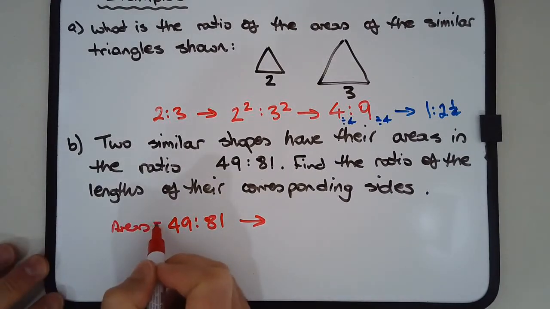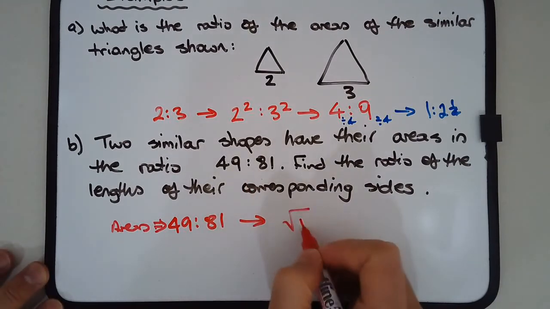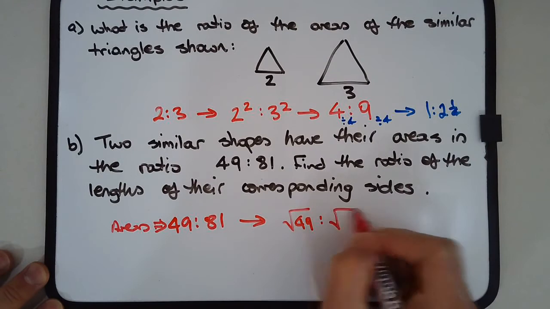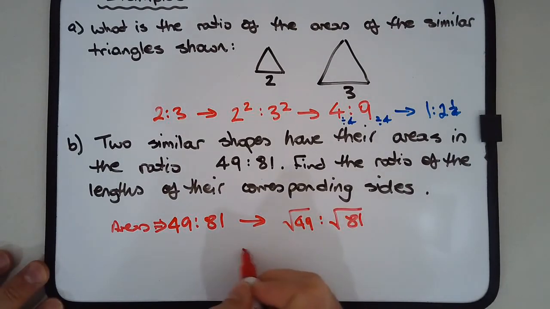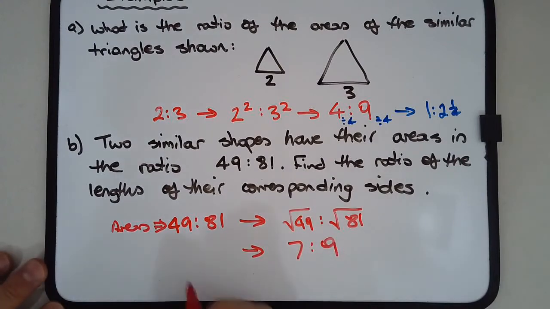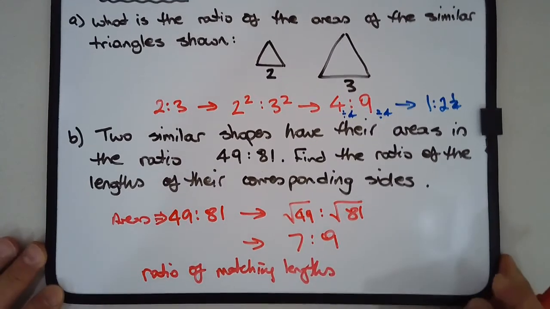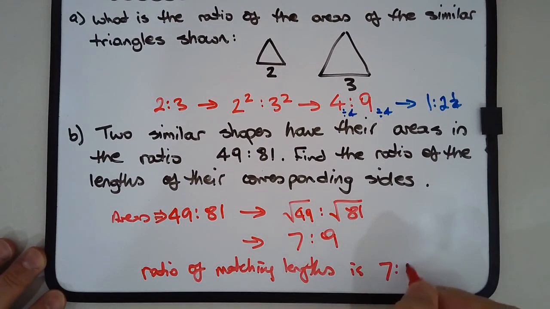Taking the square root of both terms of the ratio gives us 7 to 9. So the ratio of their corresponding lengths, or matching lengths, is 7 to 9.